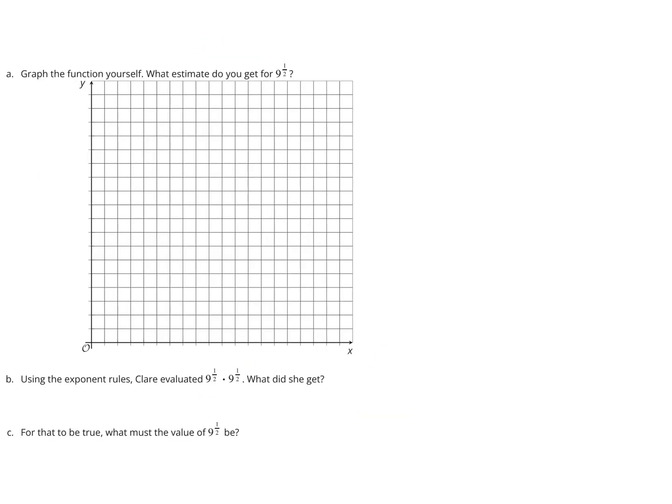Okay, I'm not going to worry about the graphing part right now. What I am going to worry about is B. So 9 to the 1/2 times 9 to the 1/2. When we multiply the same base, add the exponents. 1/2 plus 1/2 equals 2/2, which equals 9 to the 1, which equals 9.